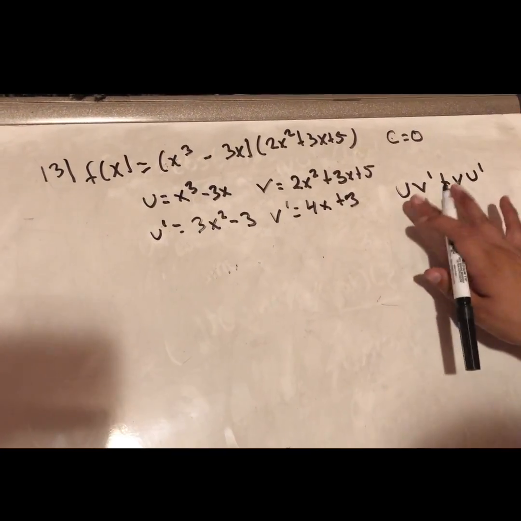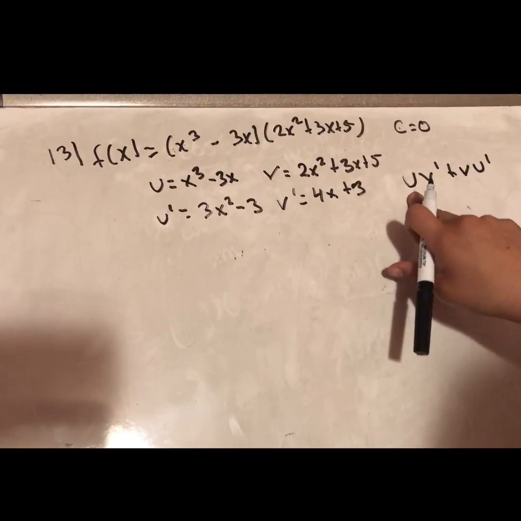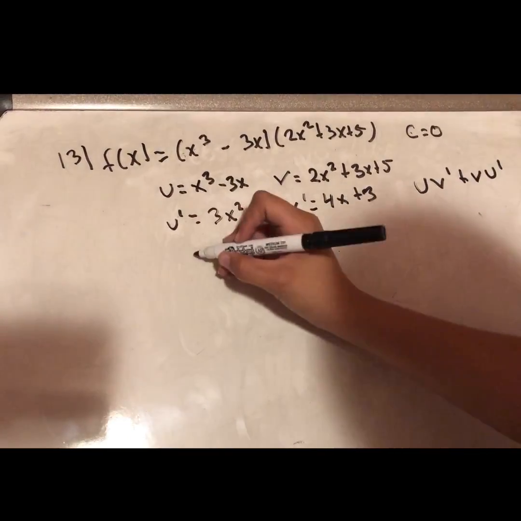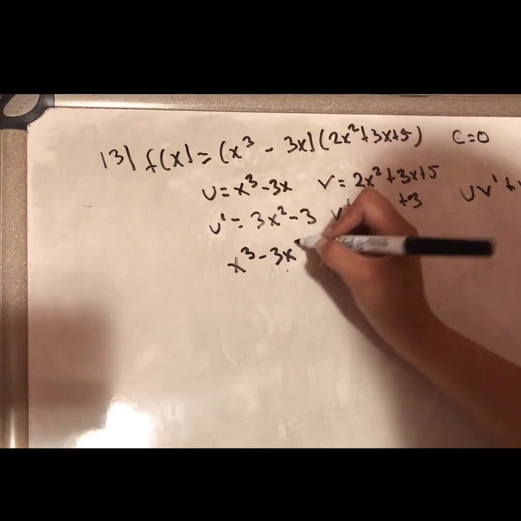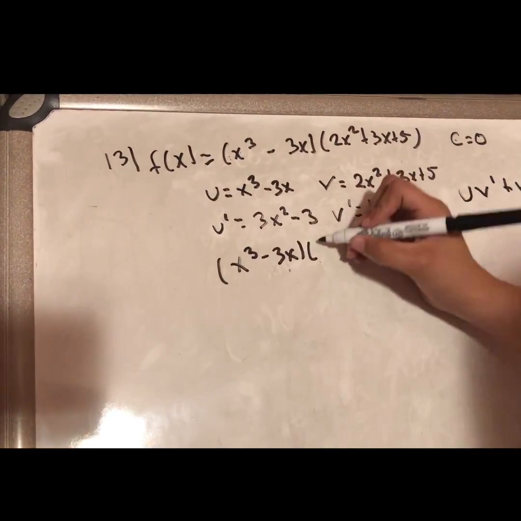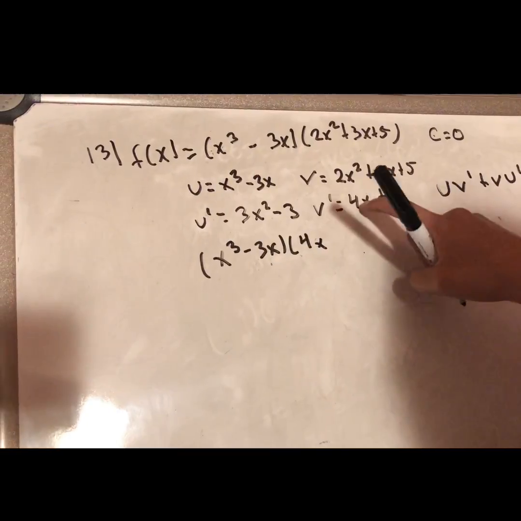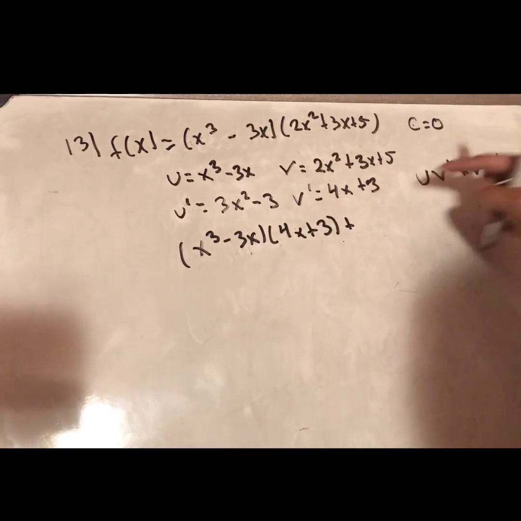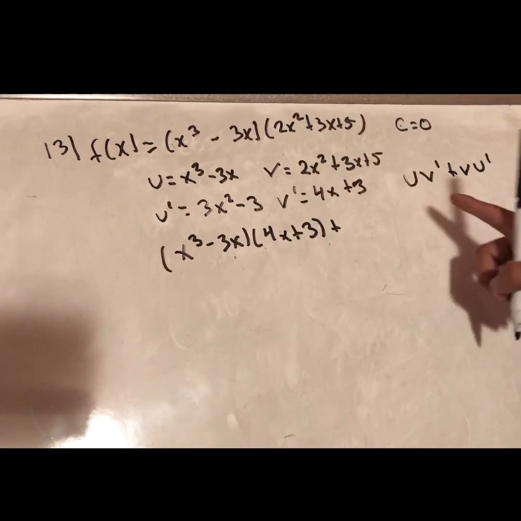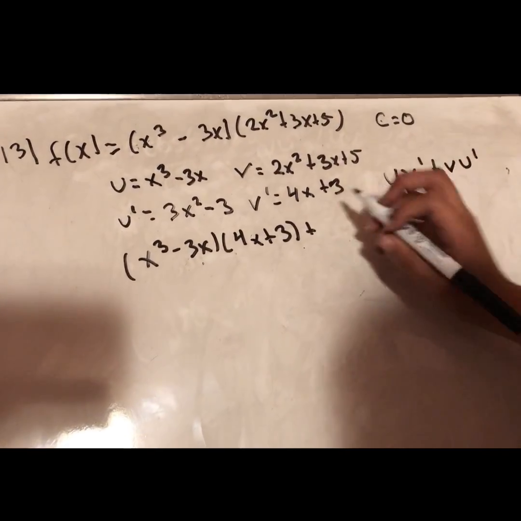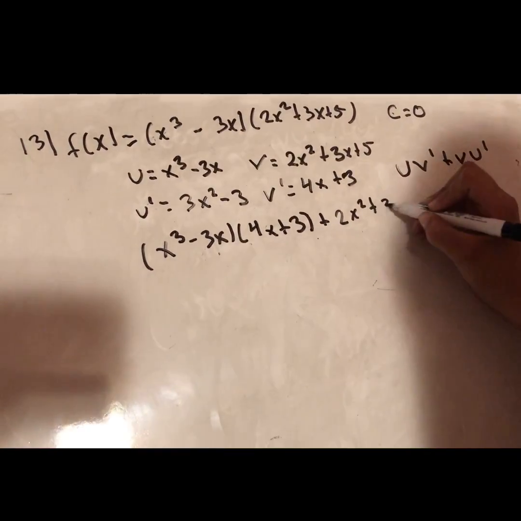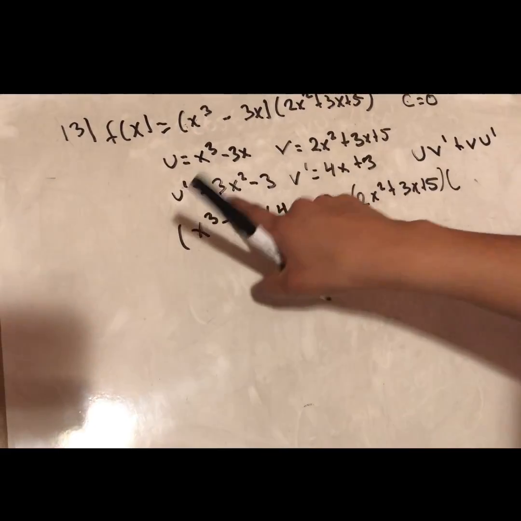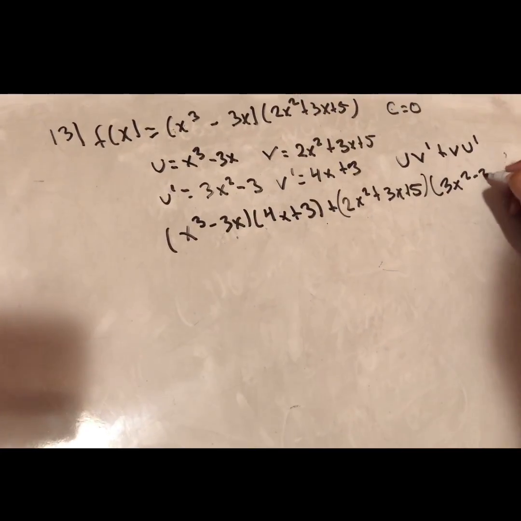So you plug it into your formula: you're going to put x cubed minus 3x into your u, and your v prime is 4x plus 3, plus your 2x squared plus 3x plus 5 goes into your v, times u prime, which is 3x squared minus 3.